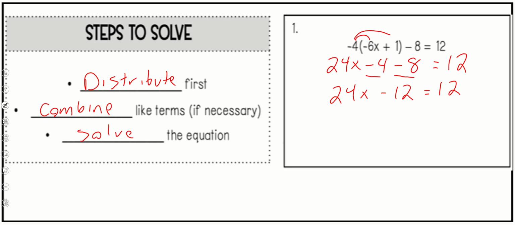Solve by doing opposite. So I add 12 to each side. Trying to get that variable by itself. I got it to 24x equals 24. I divide.